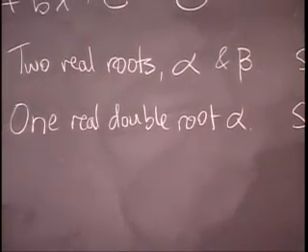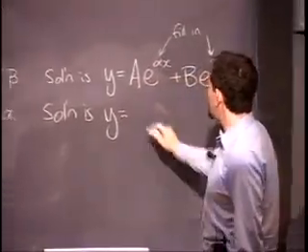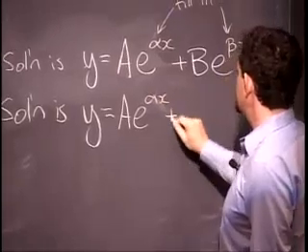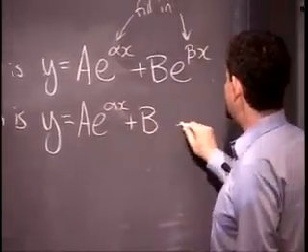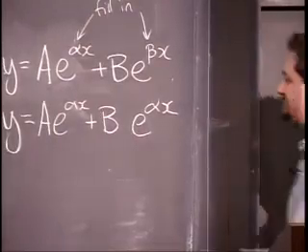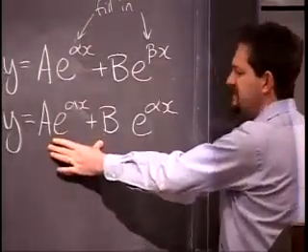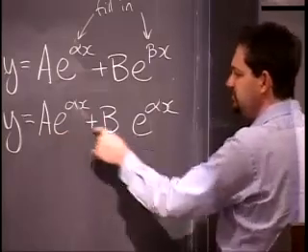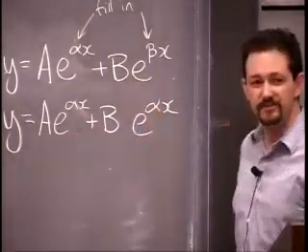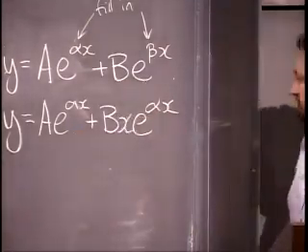Now, you'd like to do the same thing, y equals a e to the alpha x plus b e to the alpha x. But that's kind of silly because a and b are constants, and you could just add them up to a plus b to get another constant. So there wouldn't be 2 constants. But because there are 2 derivatives, there sort of have to be 2 constants. So I need an x in there, and believe it or not, that works.